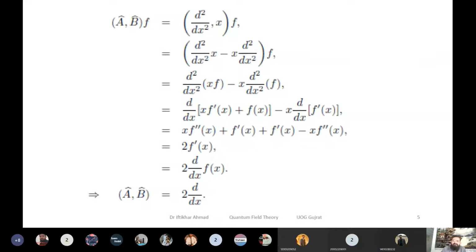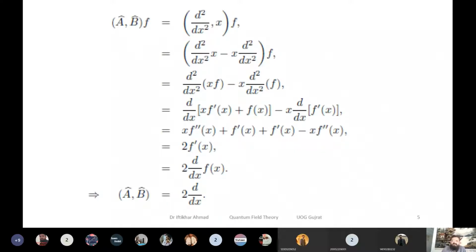In the next step you can take another derivative, giving x f double dash x plus f dash x and f dash x, so you get 3 terms, and then minus x f double dash x. The first and last terms cancel each other, and you get 2 f dash x. Again you can convert this to the form of 2 d over dx of f of x.